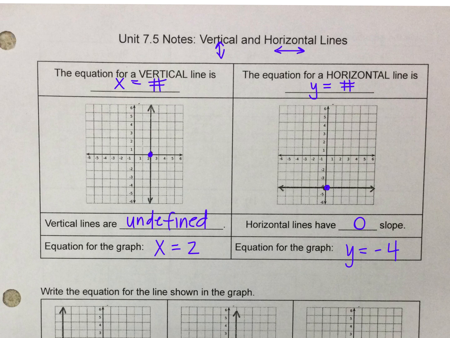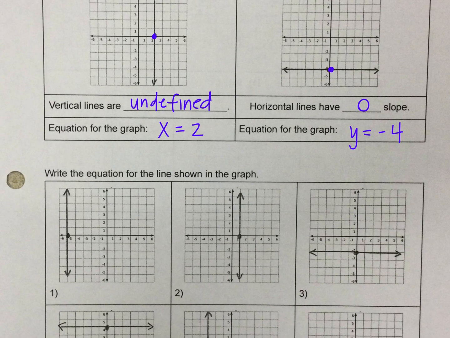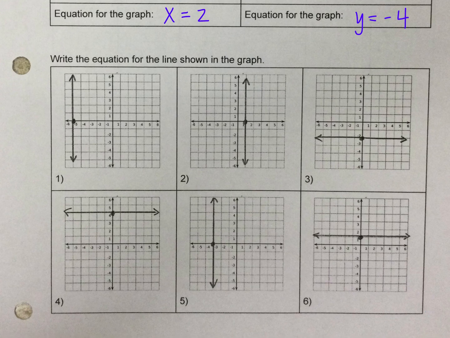Okay? Let's look at these down here. Number 1, the dot is right here, and that's on the x line, so it's going to be x equals negative 5.